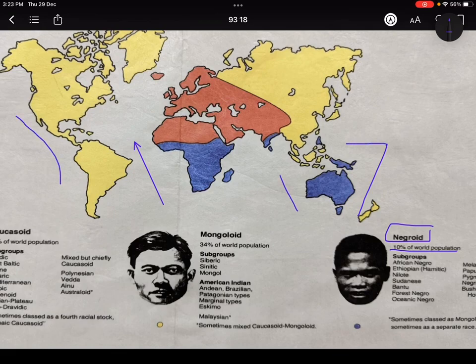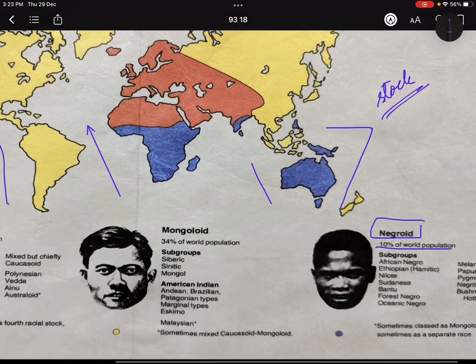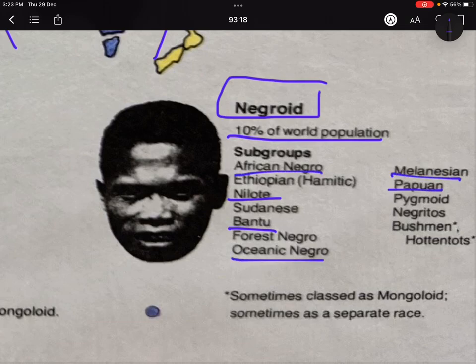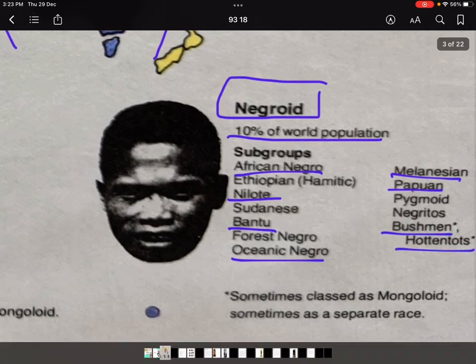Some population has now migrated to the American subcontinent through migration, but that is not the original stock of the Negroids. Then in the sub-grouping we are going to study the Nilots, Bantus, Oceanic Negroes, African Negroes, Melanesians, Papuans, Bushmen, and Hottentots. These are all the subclassifications that we are going to study.